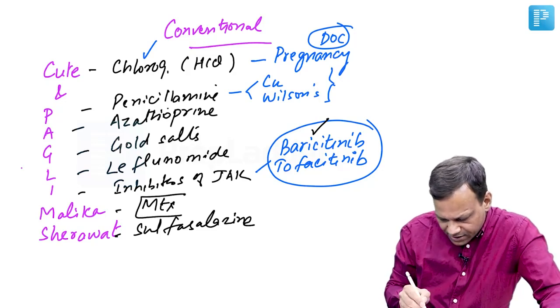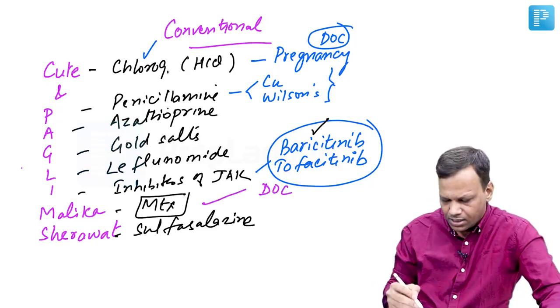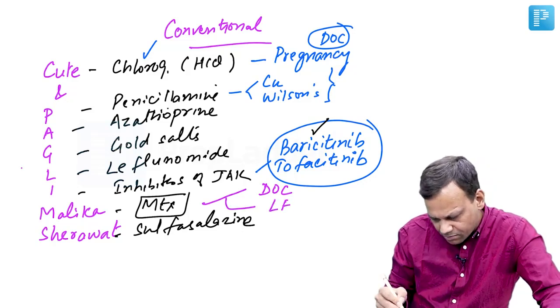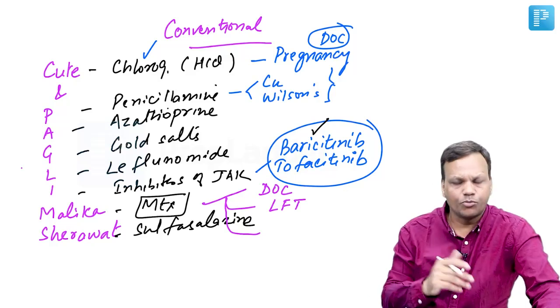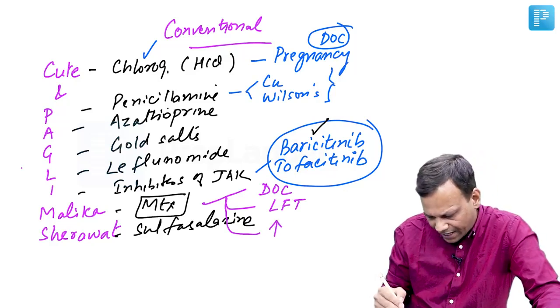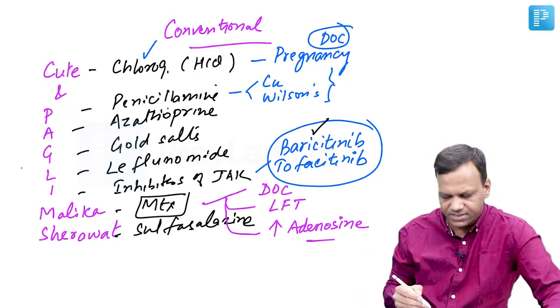Then methotrexate is the drug of choice as DMARD, the most commonly used DMARD. It requires liver function testing because it can cause liver damage, and the main mechanism in rheumatoid arthritis is by increasing adenosine. Adenosine has very strong anti-inflammatory activity. Then lastly, sulfasalazine.